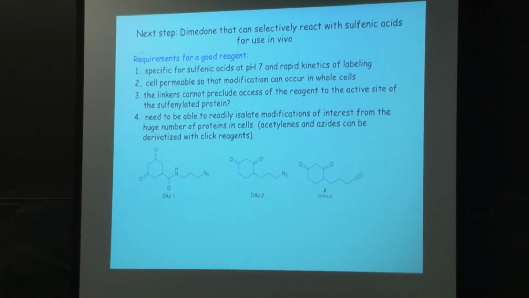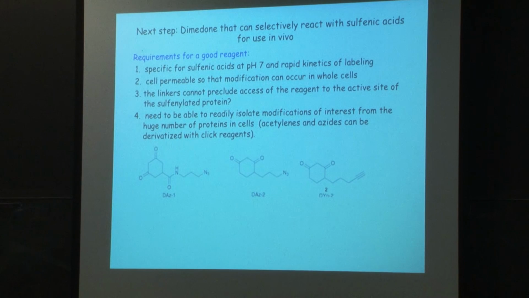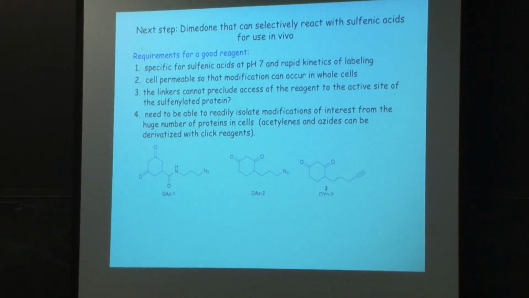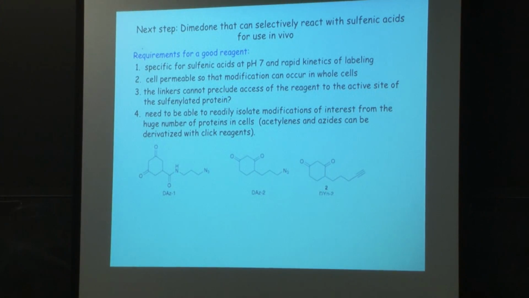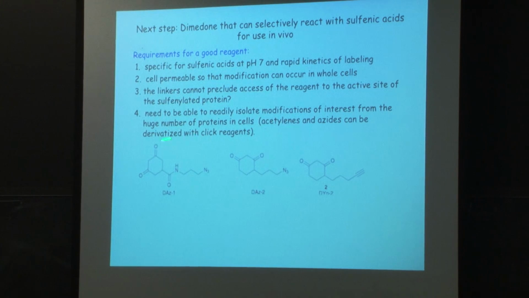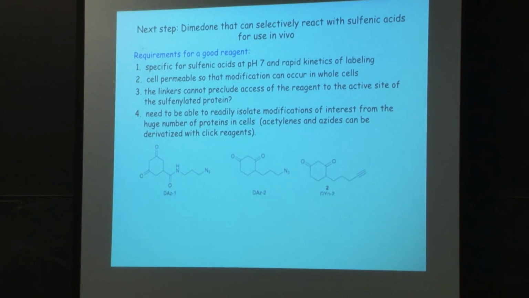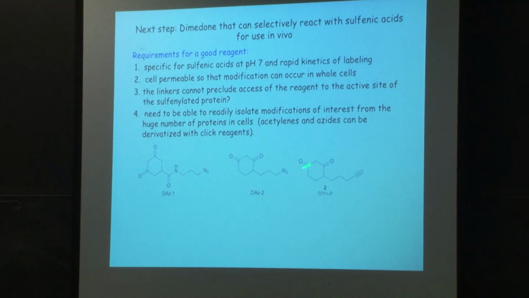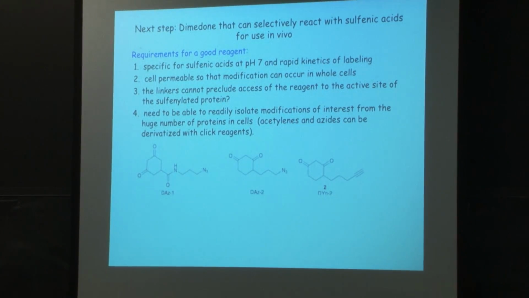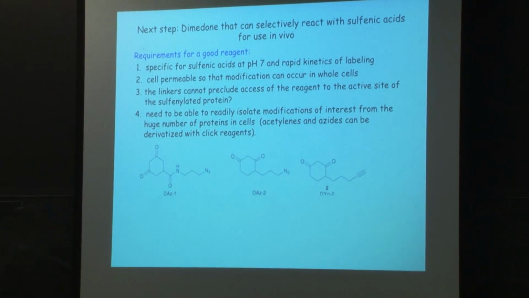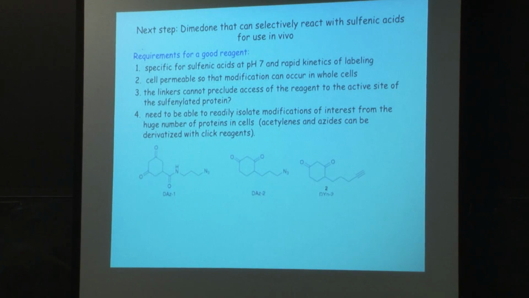So wherever the active site is, you can do some chemistry out here. So all of these things are issues that you have to deal with. And then the thing we were facing before, if we only labeled with this, we have no way to tell where the label is. And so then the idea is that you use these things to click it to something that's going to inform you where the label is.